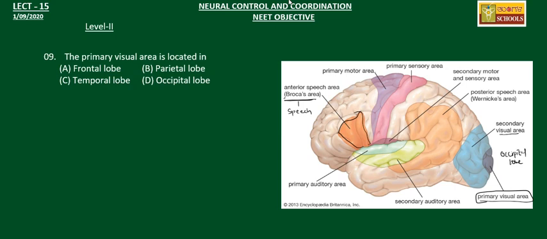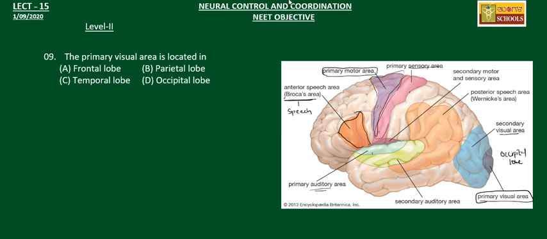In our textbook they marked some blue and red colors but did not mention what the areas actually are. This blue region is the primary motor area, and this is the primary sensory area of the brain. Here you can also see the primary and secondary auditory areas.